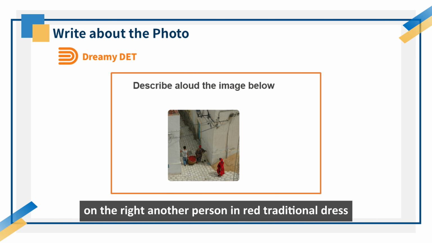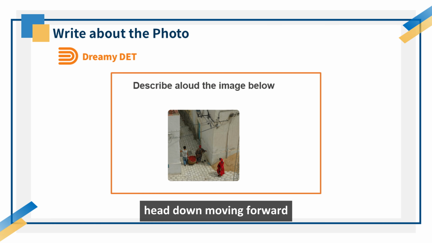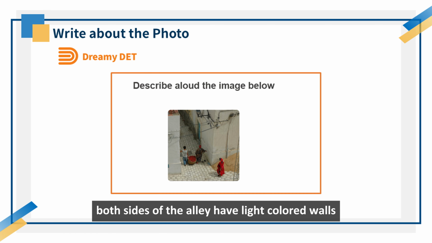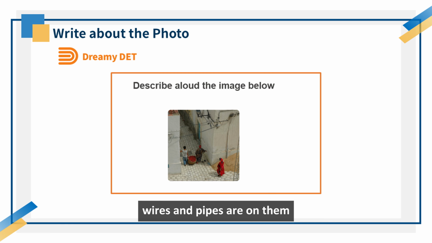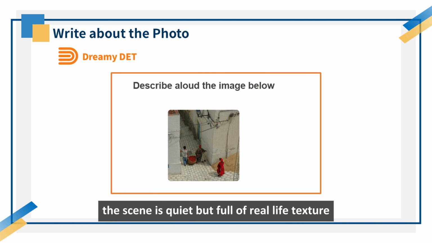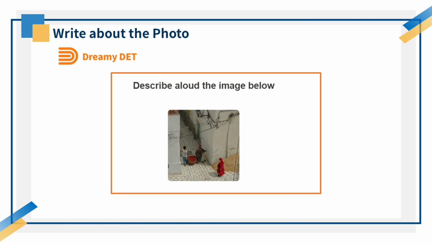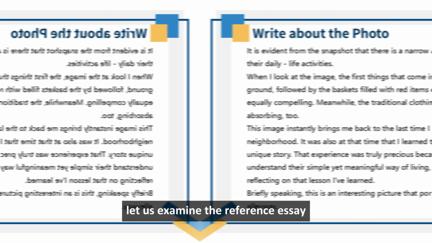On the right, another person in red traditional dress, head down, moving forward. Both sides of the alley have light-colored walls. Wires and pipes are on them, adds daily life feeling. The scene is quiet but full of real-life texture. Feels like we're seeing local people going about their day. Let us examine the reference essay.